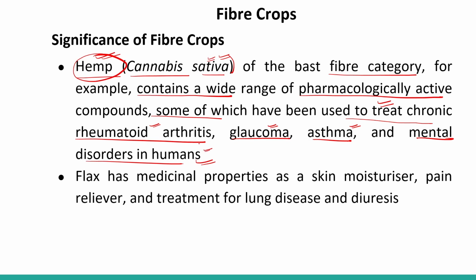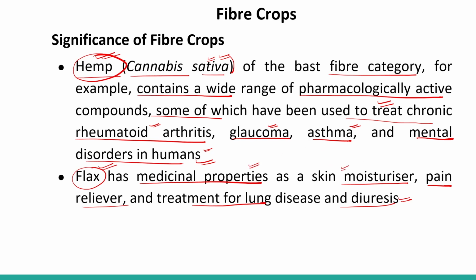Flax has medicinal properties as a skin moisturizer, pain reliever, and in the treatment of lung disease and diuresis. So this flax plant is also very important because it has medicinal properties.